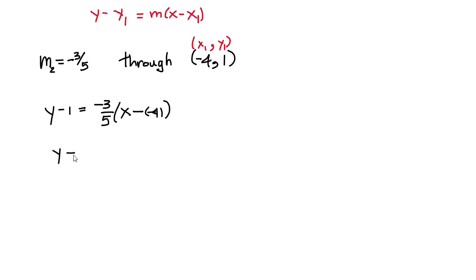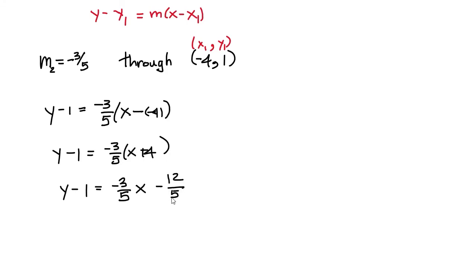So I have y minus 1 equals negative 3/5 times x plus 4. Y minus 1 equals negative 3/5 x minus 3 times 4 is 12/5. And now I'm going to add 1 to both sides. So y is equal to negative 3/5 x. Adding 1 is negative 12 plus 5, so that's going to be negative 7/5.